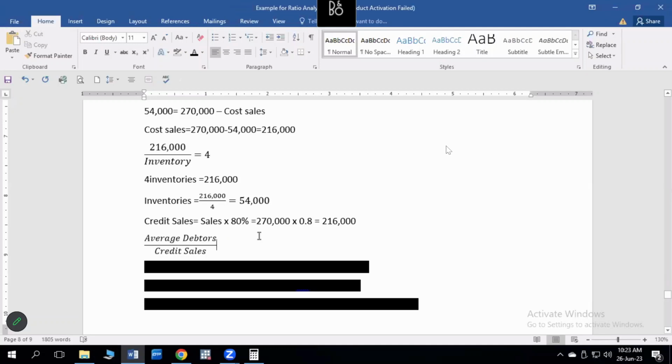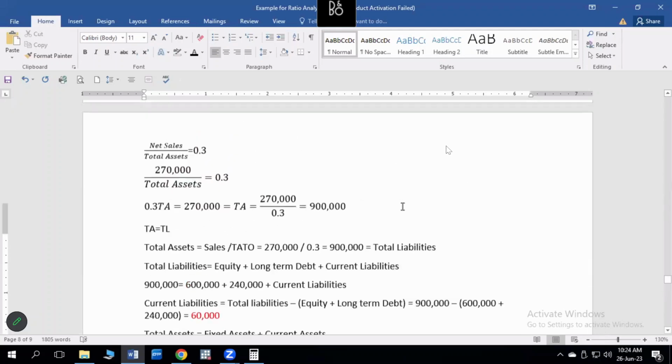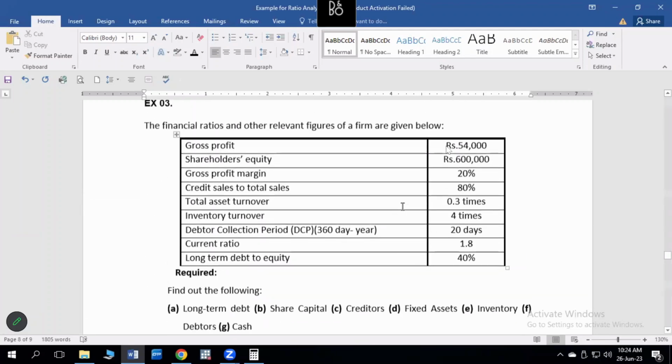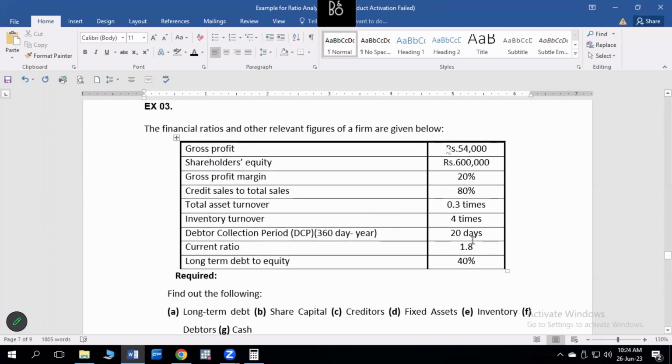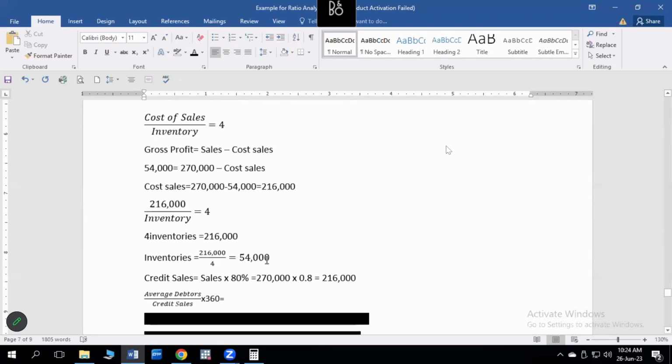It's a balance. 360, operating cycle indicator 360 days. 20 days is the answer.